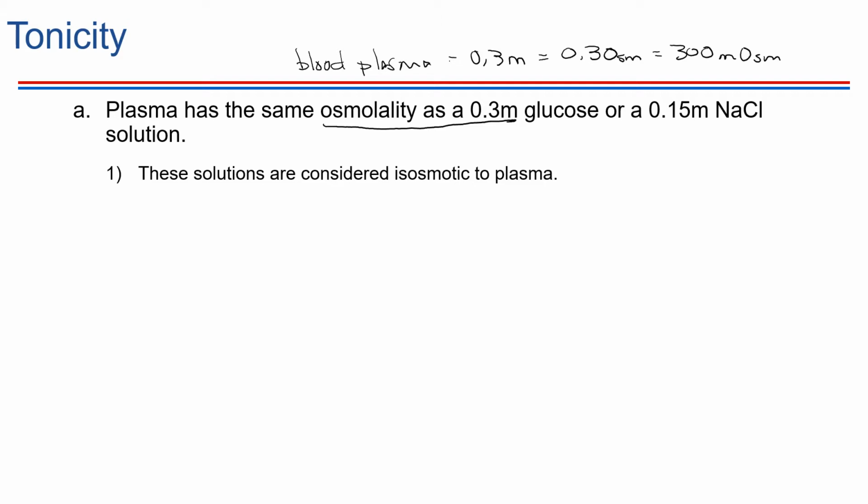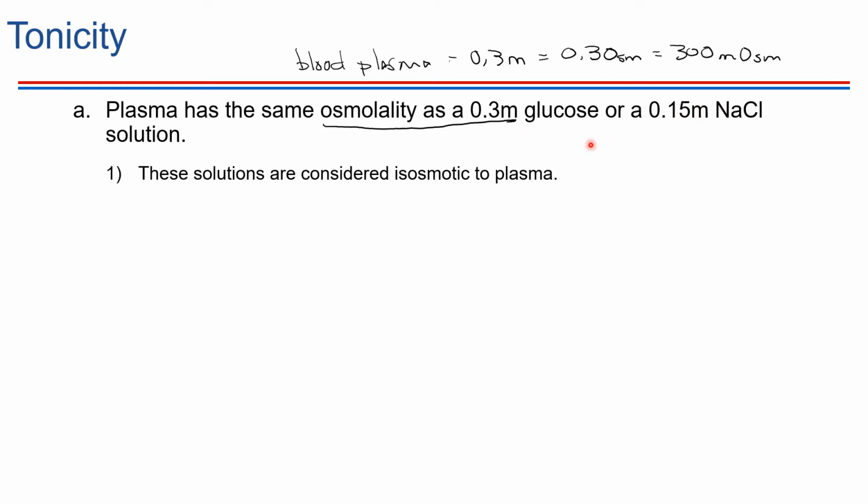What this slide is showing you is that a 0.3 molal solution of glucose is going to be the same as what we find in the blood plasma. And with sodium chloride, because that's an ion that dissociates, it's only going to take a 0.15 molal solution to have the same osmolality as the blood, because that's going to double, and that's going to be 0.3 when you add them together.